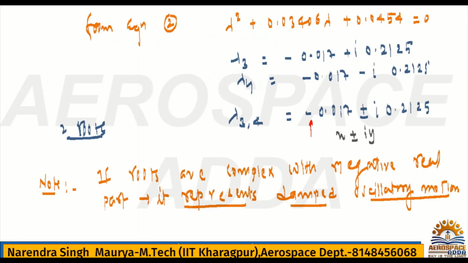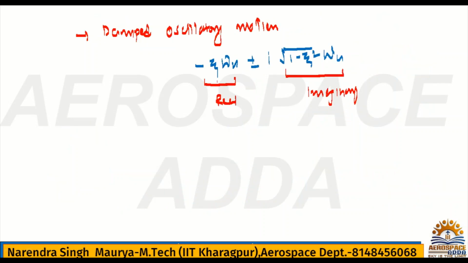Now, one more thing you need to know. In this equation, chi and omega n: omega n is the natural frequency in radian per second, and chi is nothing but the damping ratio.